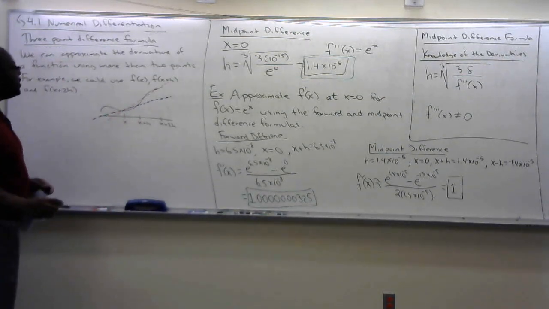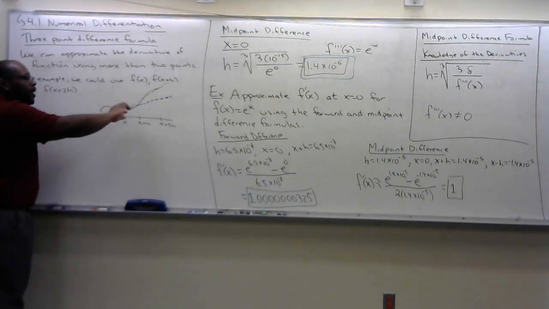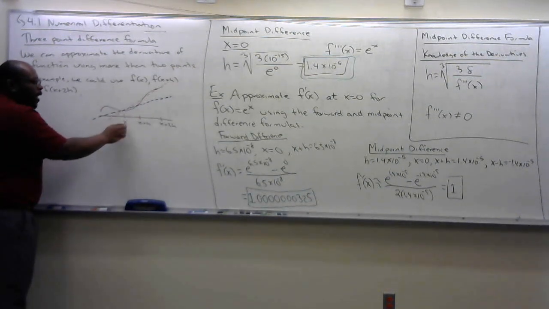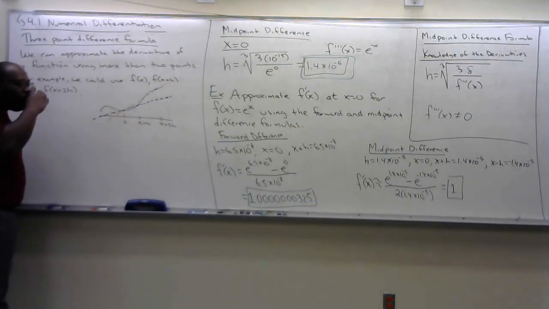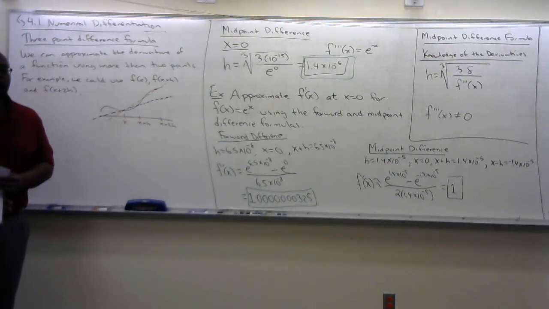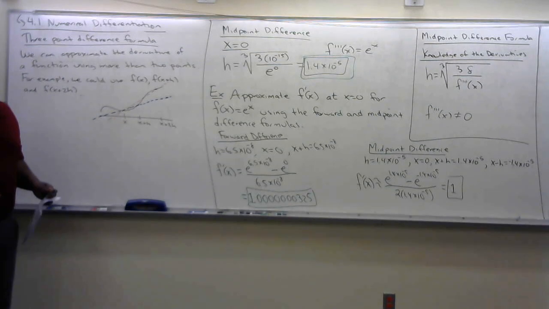Two different lines. Both the line from x to x plus h and the line from x to x plus 2h represent different approximations of the derivative, because the slope of the secant line approximates the slope of the tangent line.